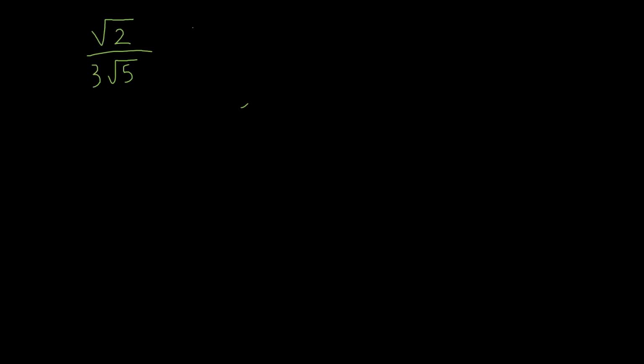With this problem, this one looks slightly different, but the same idea. So we're going to multiply, and what do we multiply? We only multiply by the radicals on the bottom. So I'm going to put square root of 5, and then whatever I do on bottom, I also have to do on top. So this one is going to be square root of 10 over 3 square root of 25.